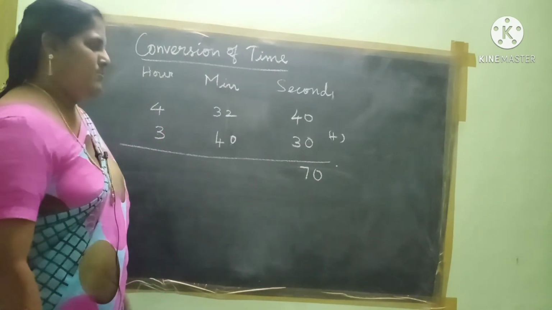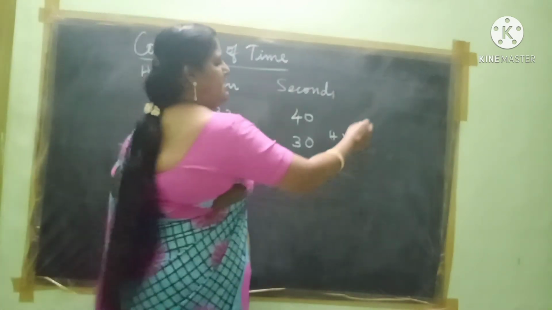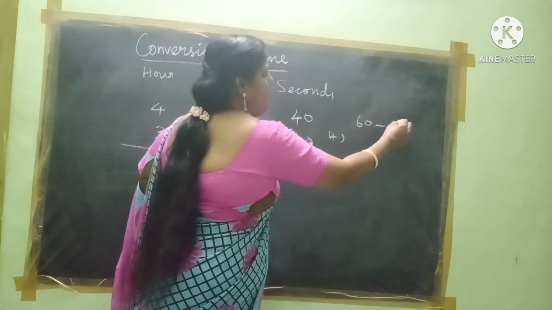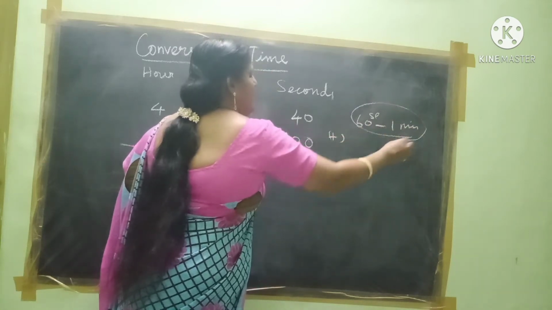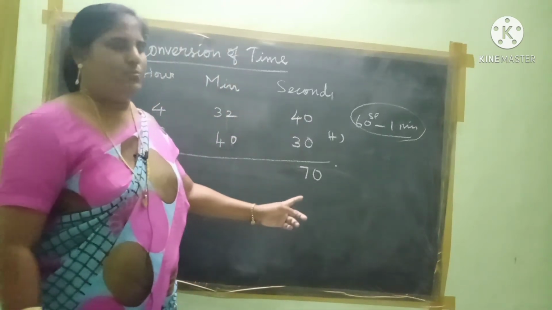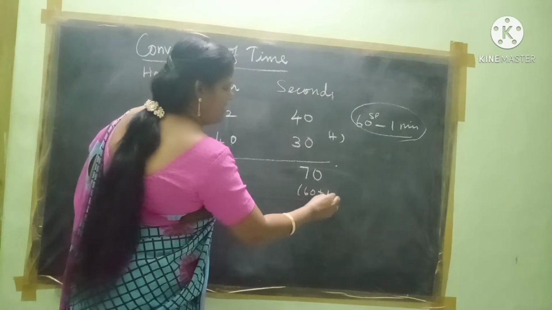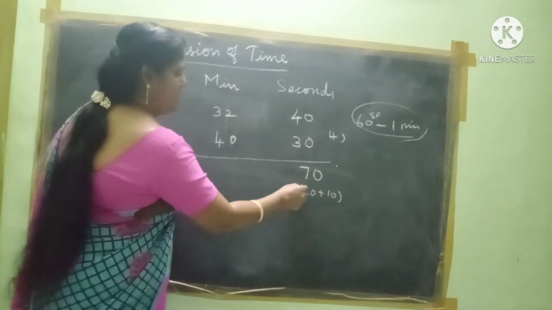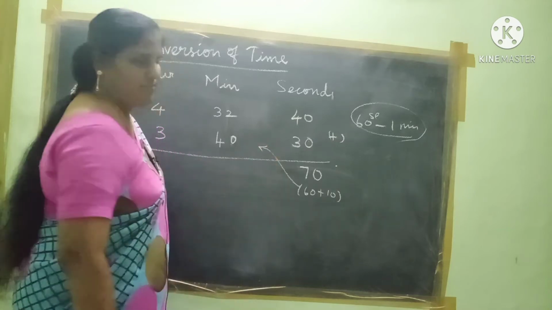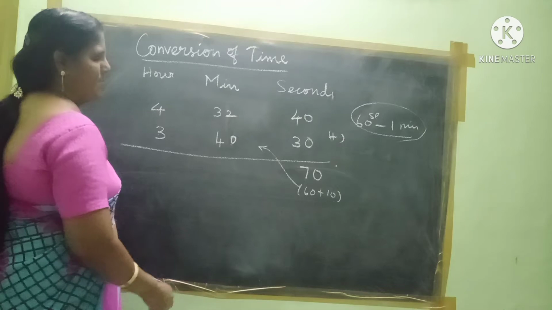But each 60 seconds make 1 minute. Therefore, 60 plus 10. You have to take 60 seconds to this side.